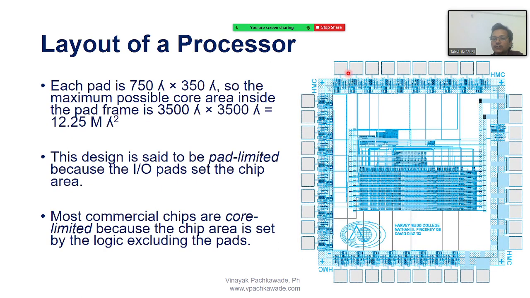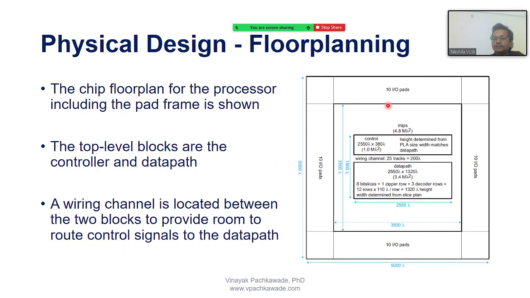So you see now, these are the pads. These are the pads here, right? What you see here, I have 10 pads in each section. So in total, how many pads do I have here? 40 pads. And now have a look at that.